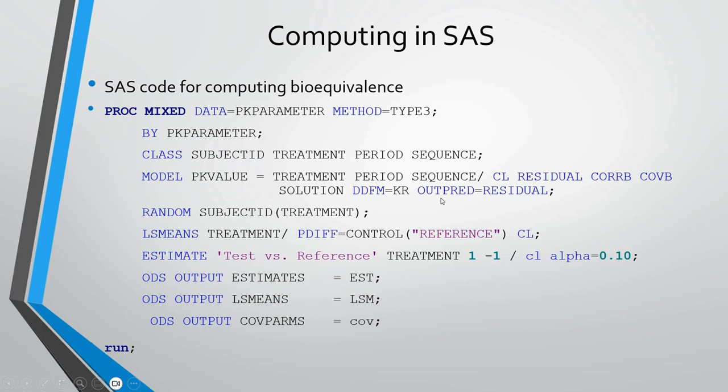And I am going to get all the data out. For that, a couple of other syntax I have to give, like outpred equal to the residual and predicted value given in this data set. Subject as a random component. This special text is to make the computation consistent with our design.